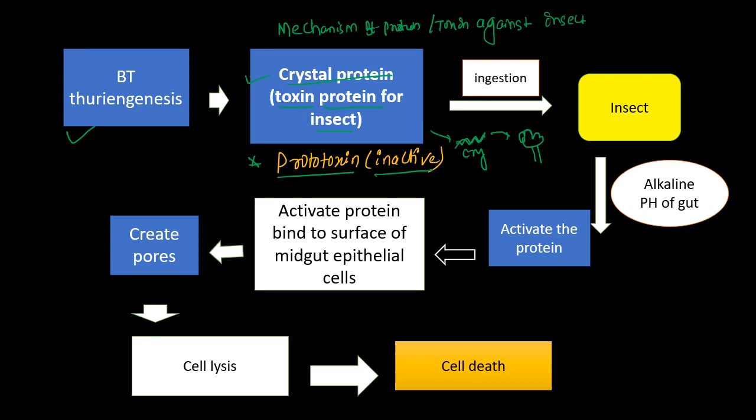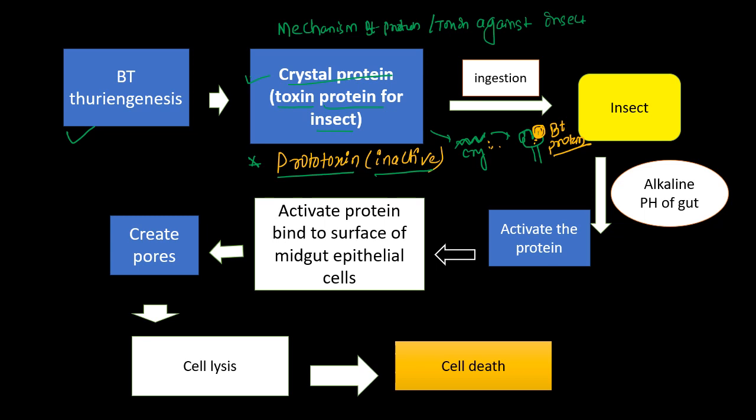Let's consider this is a leaf, and this leaf surface produces Bt protein, due to insertion of this cry gene or Bt toxin gene.